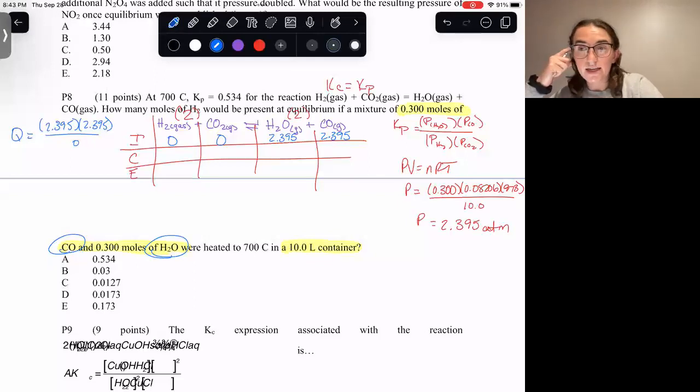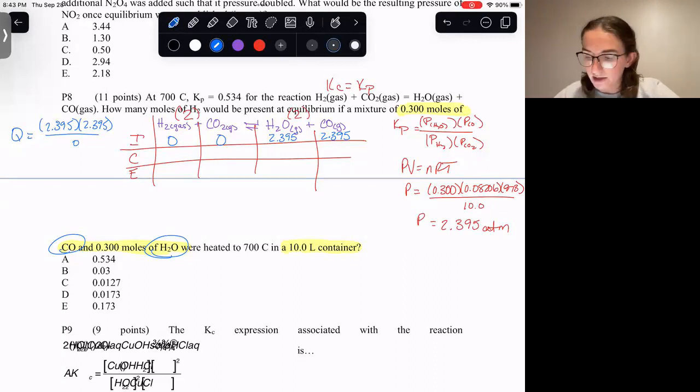Can we use the K given? No, we cannot use the K given because the K that we have is for our products on top and our reactants on the bottom. But what the reaction is actually doing is your products are now your reactants.